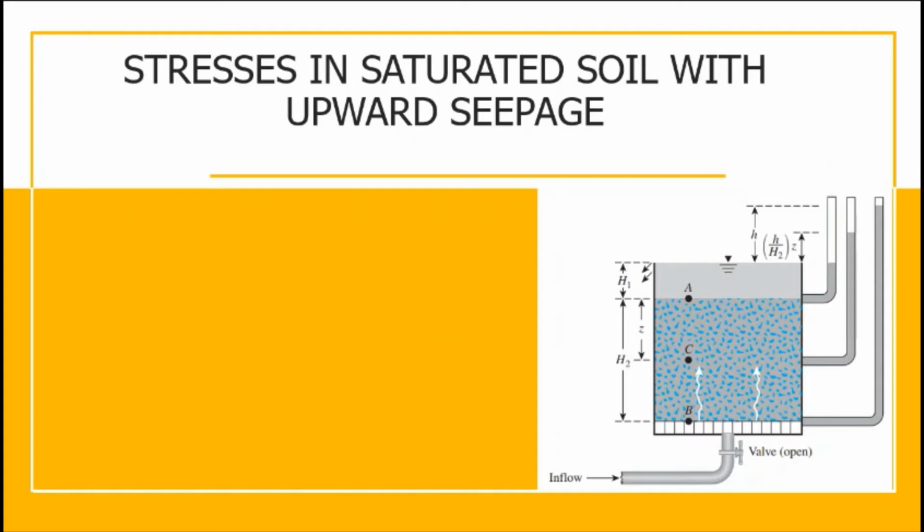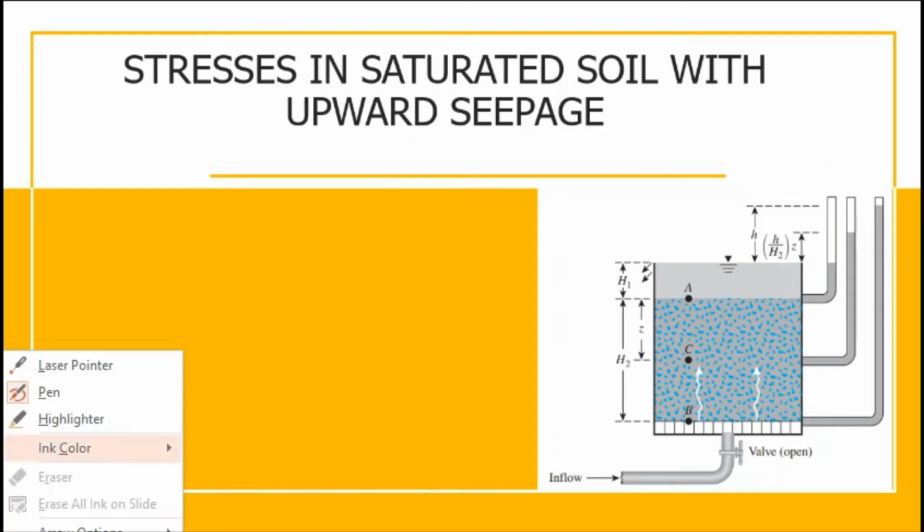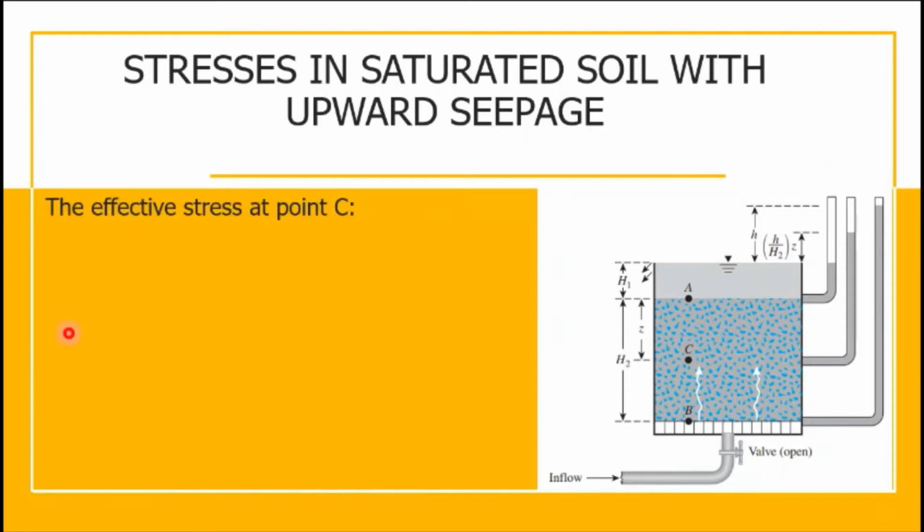So to further discuss, in order for us to understand more, let us solve the effective stress at point C. The effective stress at point C is equal to the total stress minus the neutral stress. So we have to first get again the total stress.